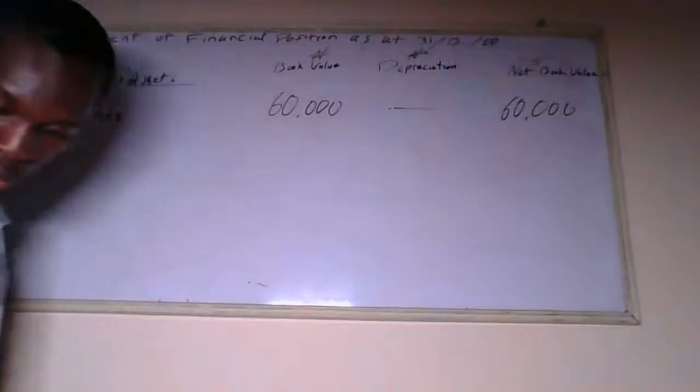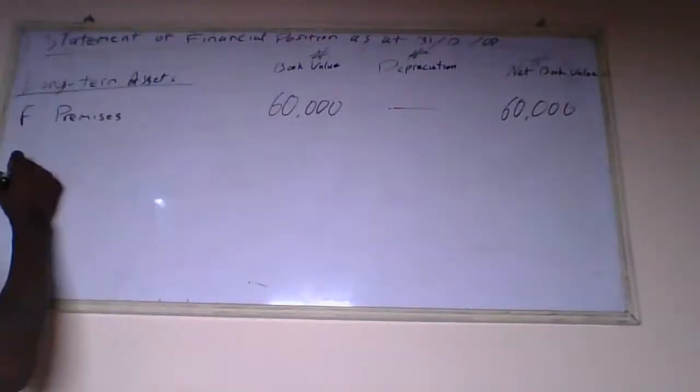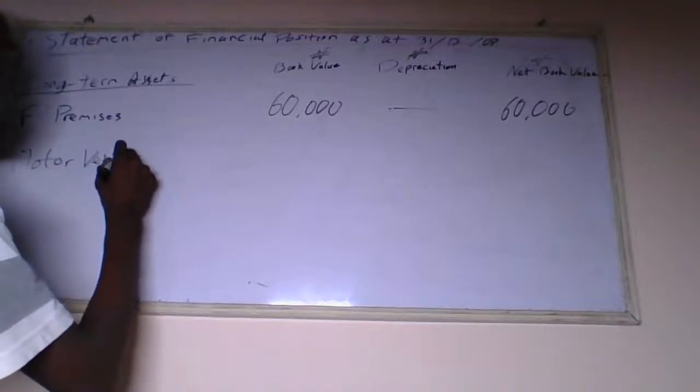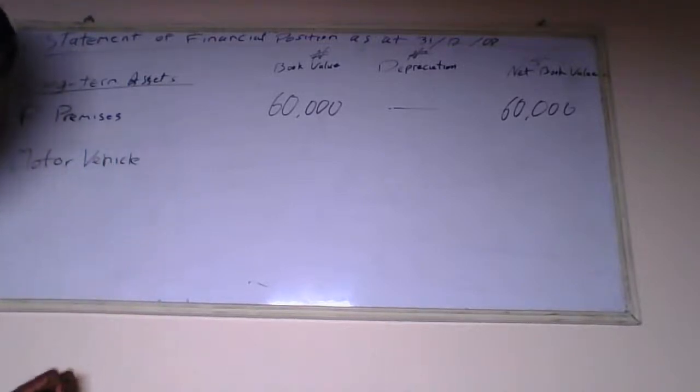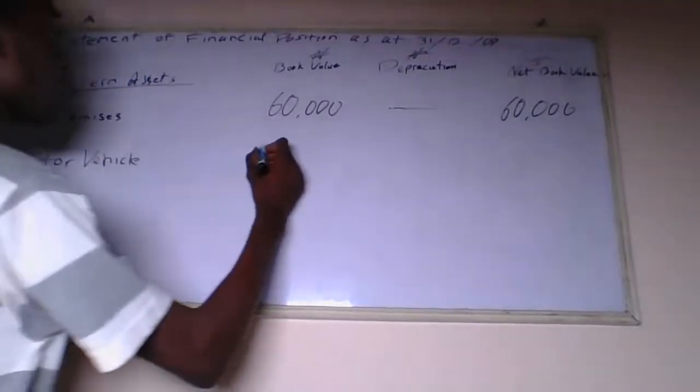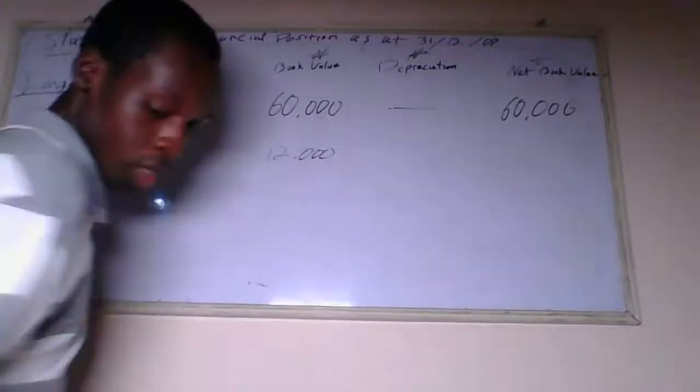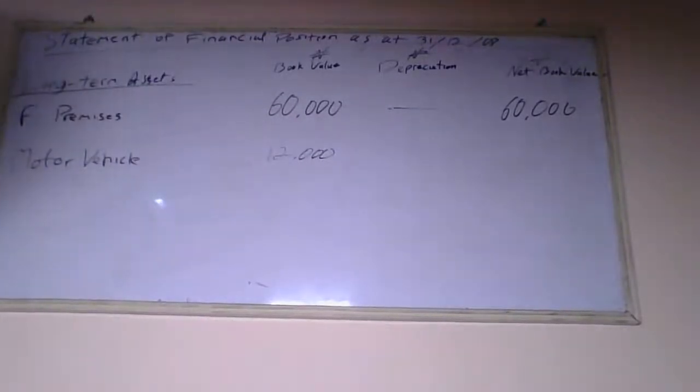Yes. So next we move on to our motor vehicle. Now, if you look at your motor vehicle, we have 12,000. And then go to your question. We have something called accumulated depreciation. That is the depreciation that has been charged over the years.